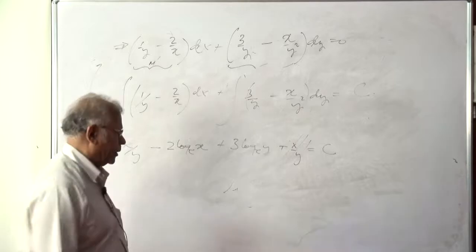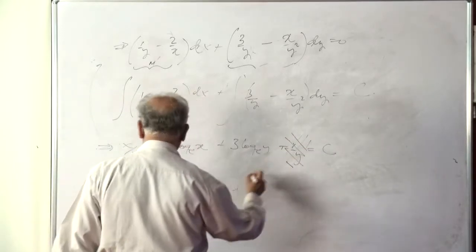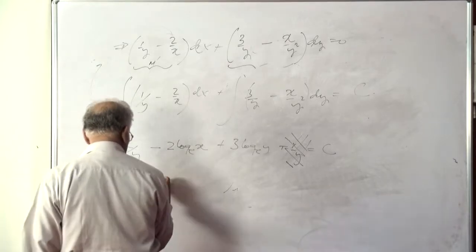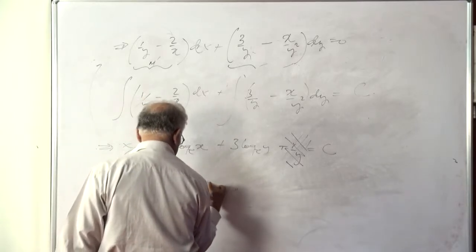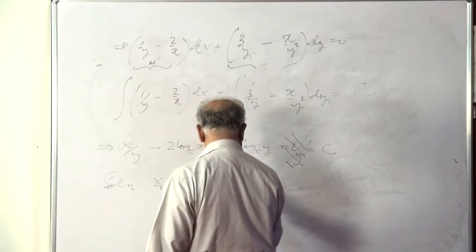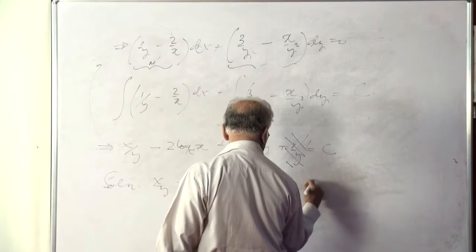So, that has to be omitted. Following that rule, we ignore this term, and the solution therefore is x over y minus 2 log x plus 3 log y, base e, equals constant.